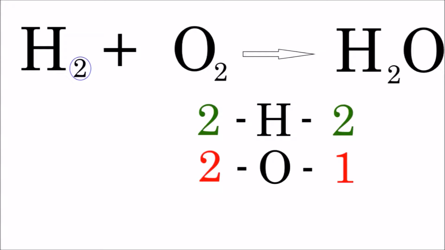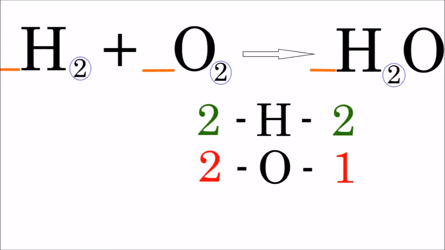Well, we cannot change these numbers that I'm circling right now, the ones on the bottom right of the elements. If there's none listed, it counts as a 1, and we'll write that in later. So you can't mess with what are known as subscripts, but you can change what are known as coefficients, or the numbers out front.